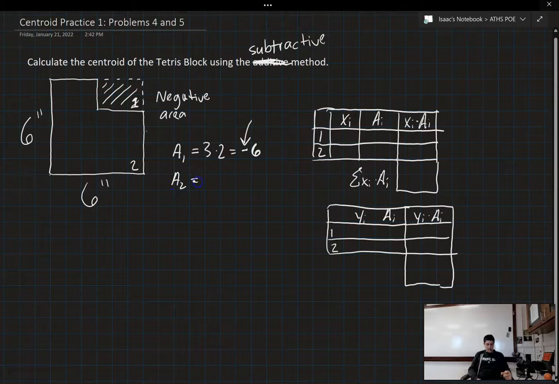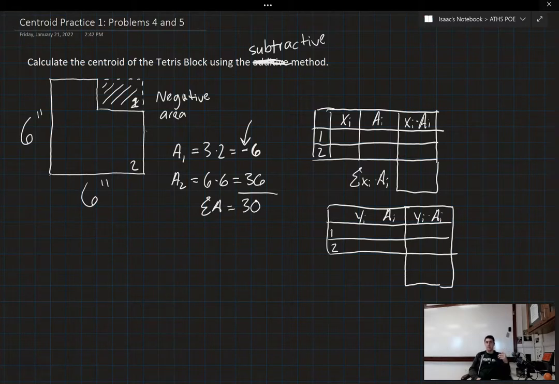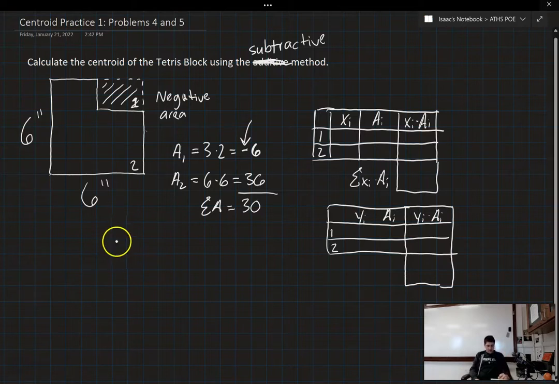Area of the second block is going to be 6 times 6, which is 36. If we take these two numbers and calculate total area, 36 minus 6 is 30, which, by the way, is the same area that we got in the previous problem, which makes sense because it's the same shape, right?